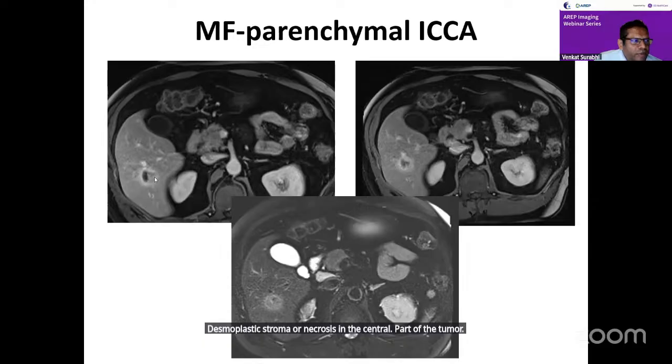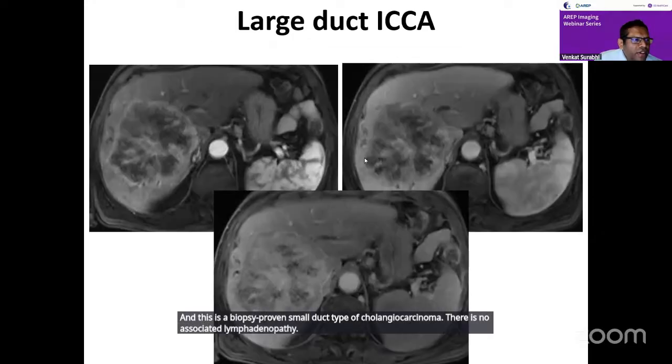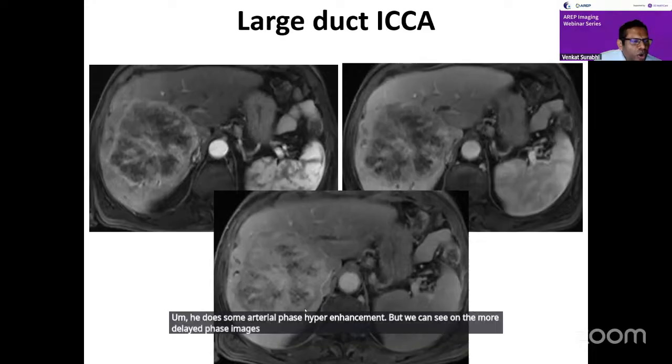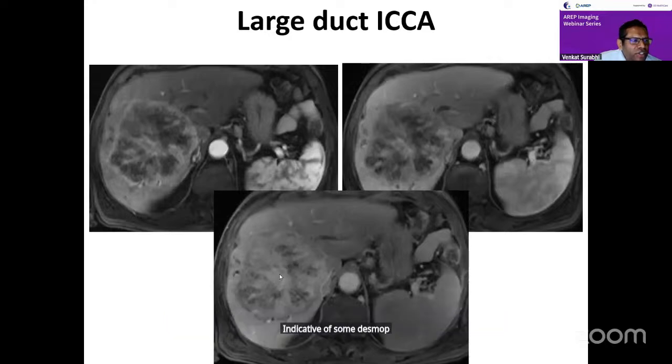And this is a biopsy-proven small duct type of cholangiocarcinoma. There is no associated lymphadenopathy. Whereas comparing to that case, here there is a large tumor. It has some arterial phase hyperenhancement, but we can see on the more delayed phase images, there is washout of this arterial phase rim and more central enhancement, indicative of some desmoplastic reaction in this tumor.